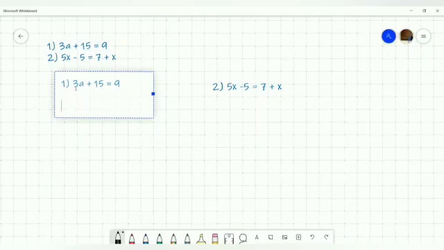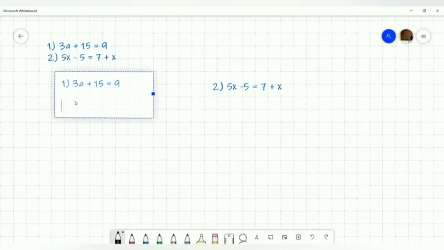So first we will subtract 15 and then we will divide by 3. Or we can say that first we will shift this 15 on the right hand side, so it will be removed, and then we will divide the right hand side by 3 by shifting this 3 on the right hand side. Let's see how to do it.